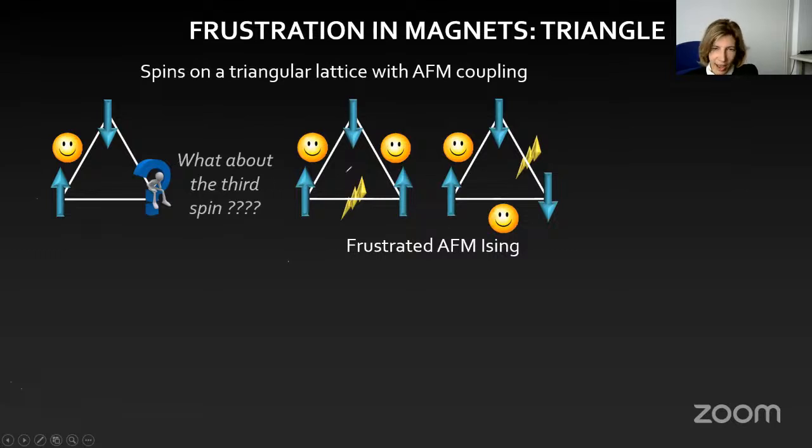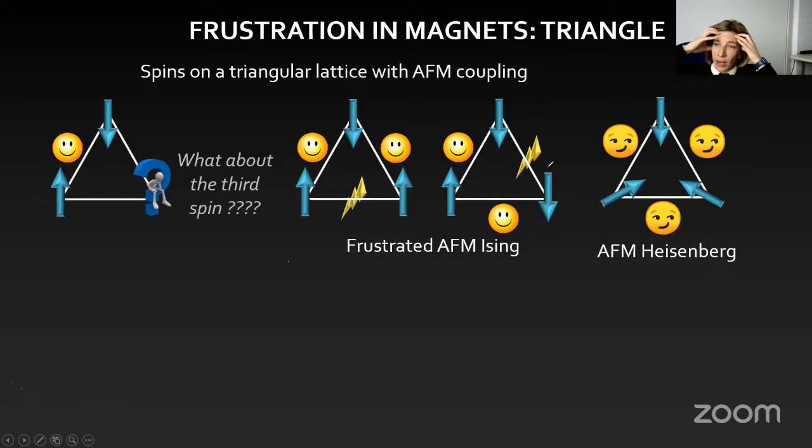If it lines up, then this bond is frustrated. If it lines down, this bond is frustrated. And so the system somehow tries to find a compromise by achieving this so-called 120 degree AFM spin configuration. So it tries to minimize the exchange interactions that are at play.